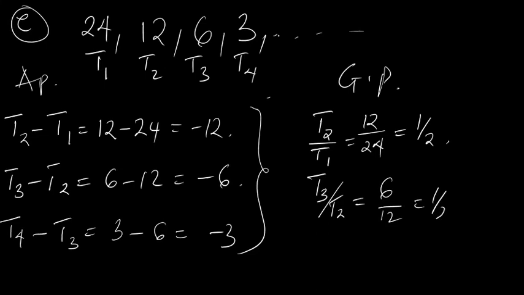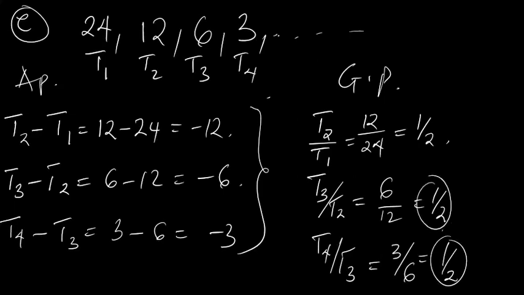This is what? Half. Now the fourth term divided by the third term, this will be 3 divided by 6. This is still half. So it shows that it has a common ratio. So since it has a common ratio, it's a geometric progression. So now let's work it out.